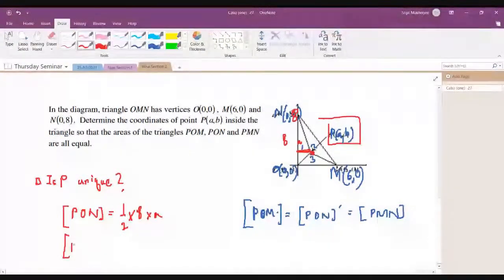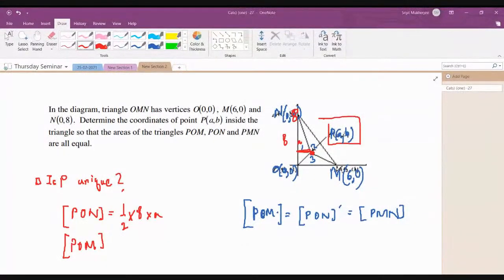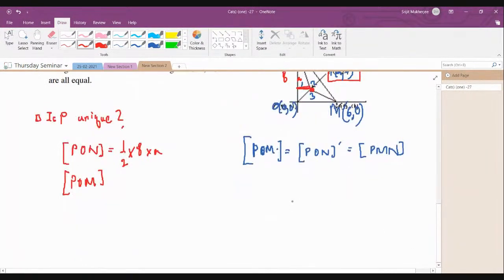Let's find POM similarly. Exactly. That's the beauty of coordinate geometry.